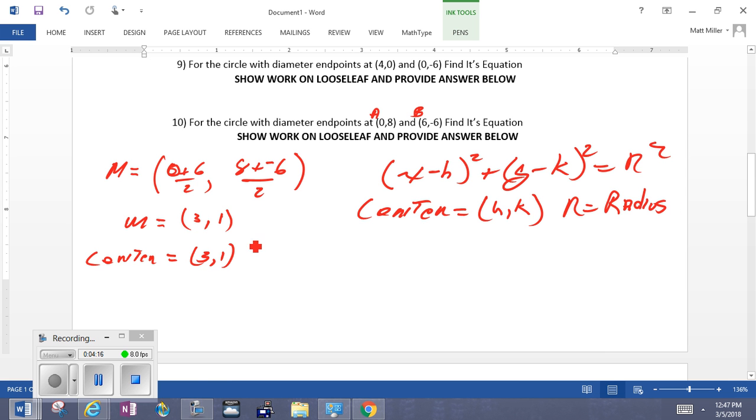So we've just found h and k. This is (h, k). Now, of course, all we have to do is find r. So r would be the distance from (3, 1) to either one of our endpoints.